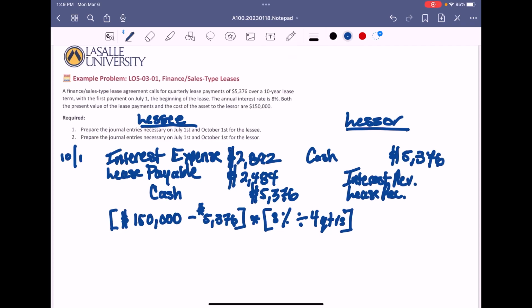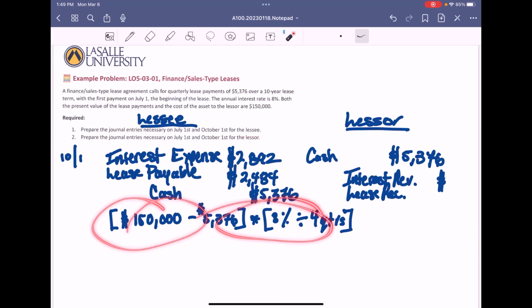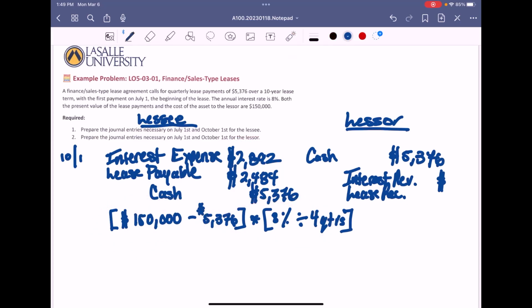And it's going to be the same amounts. So it's going to be the $2,892 that we calculated over here, which was based on this calculation down here. The interest revenue is going to be $2,892, and the lease receivable reduction is going to be the same as the lease payable reduction, which is $2,484.